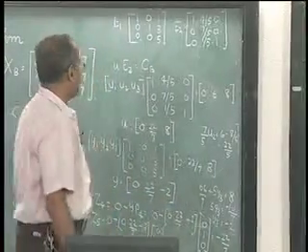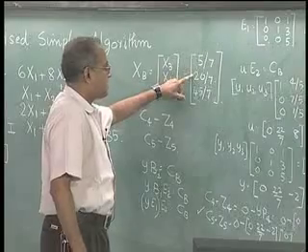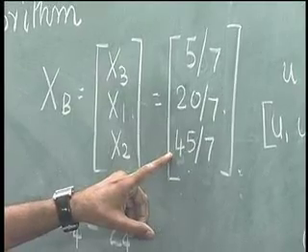theta. Now, the corresponding values are 5 by 7, 20 by 7 and 45 by 7.